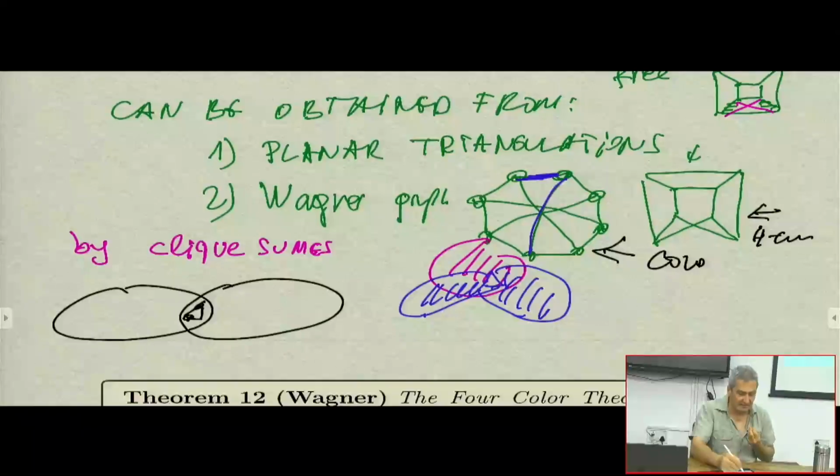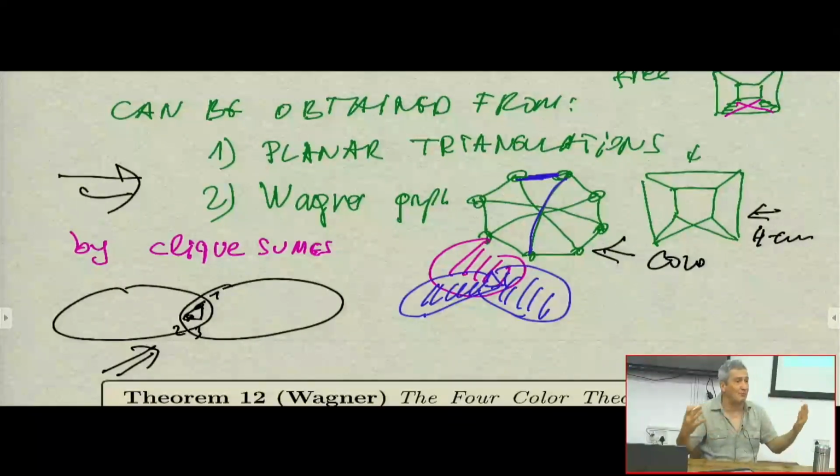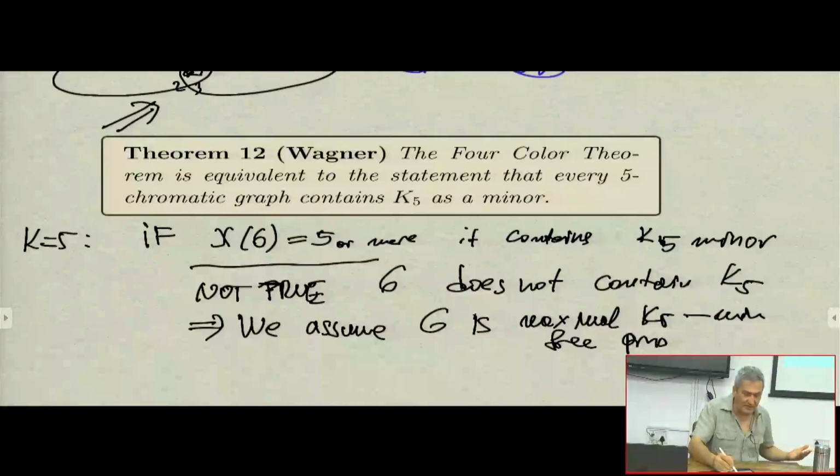And if I do a clique sum of two such graphs, if I have a four-colorable graph and a four-colorable graph, and I glue along a clique, let's say a triangle sharing, then this must be colored differently here. I will get again a four-colorable graph. So maximal K5 minor free graphs, thanks to this characterization of Wagner, are four-colorable. So this is a counterexample with this assumption. That's it.